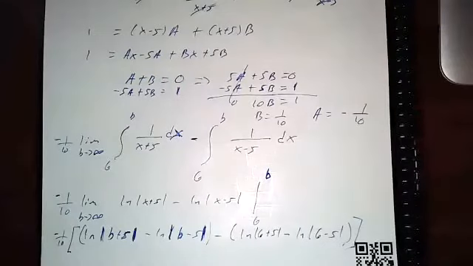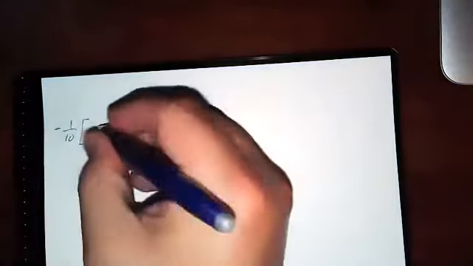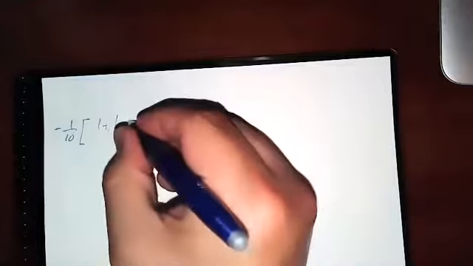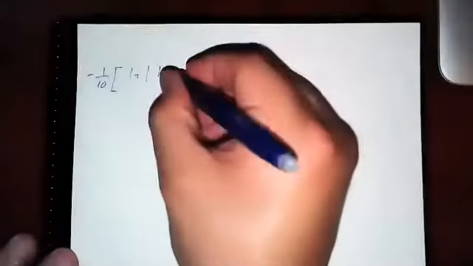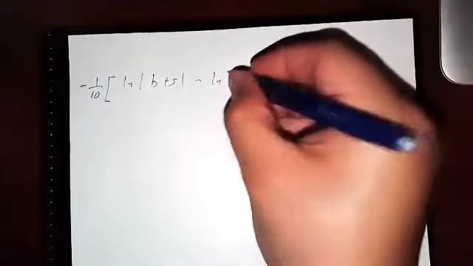Okay, so now we're good. So let's turn the page here because I'm out of space. So we got negative 1/10 times ln of b plus 5, b minus 5, okay. Oh, dang it. I forgot to write the limit.